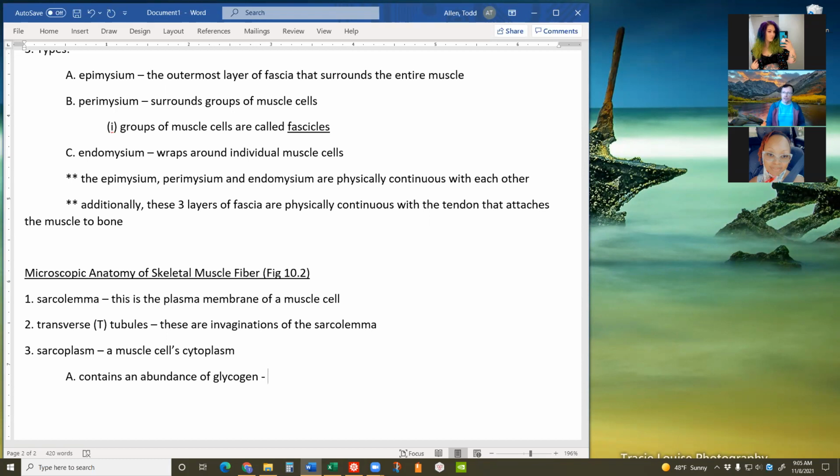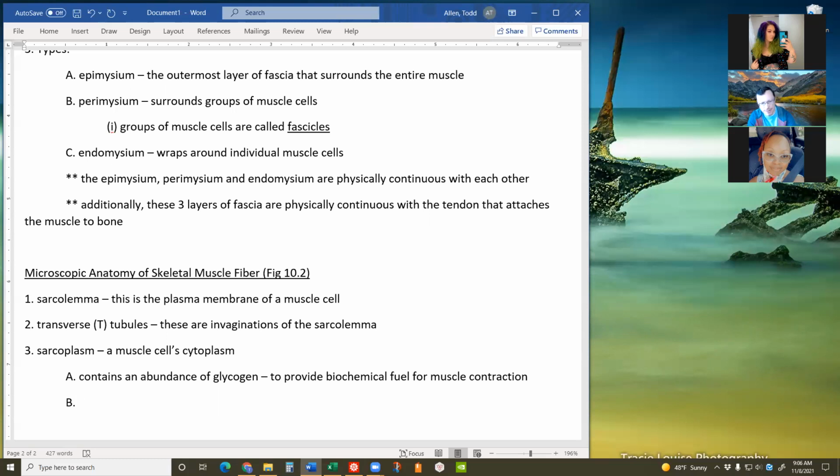So that you can go to the gym and deadlift a 100-pound barbell or whatever it is you're trying to lift. You're going to find a lot of glycogen in your skeletal muscle fibers. You're going to find glycogen in cardiac fiber too, a little bit less than smooth fiber, but you're going to find glycogen in muscle cells in quite a lot of abundance.